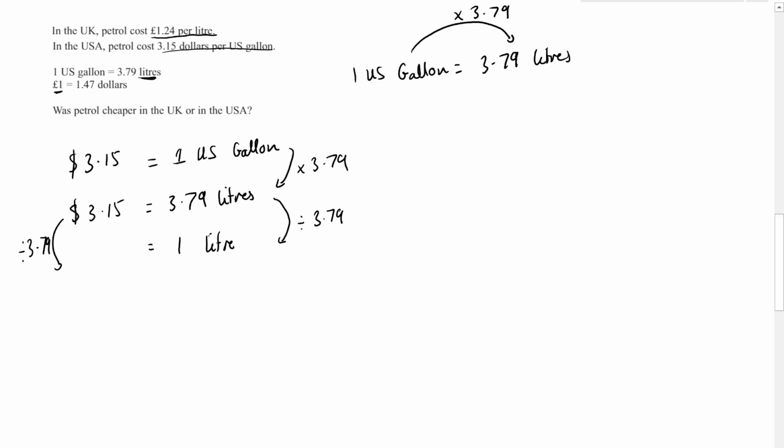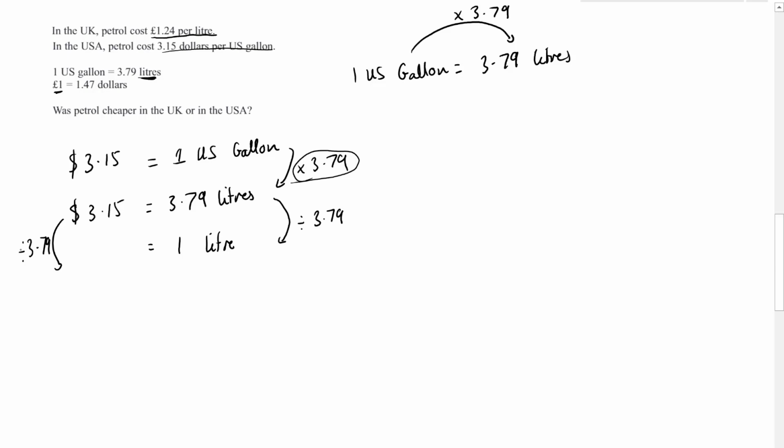So the reason that I have changed this one: I didn't have to do anything to this side, because this is a quantity here from gallons to litres, and so the amount of fuel that you're getting hasn't changed. The volume of these are equal, so the amount hasn't changed. But here, when I change it from 3.79 litres to 1 litre, I'm now having to pay for less fuel, and it has to be less by the same amount.